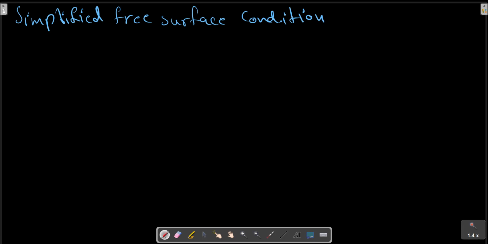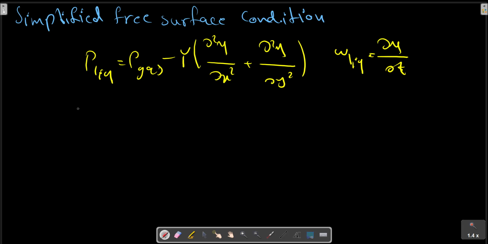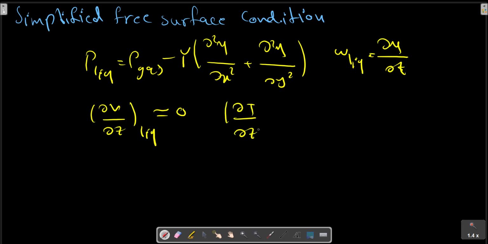We have the boundary condition P liquid plus to 0, and also a condition equals to 0.